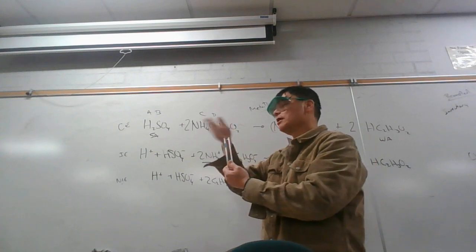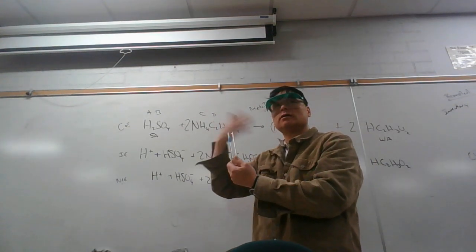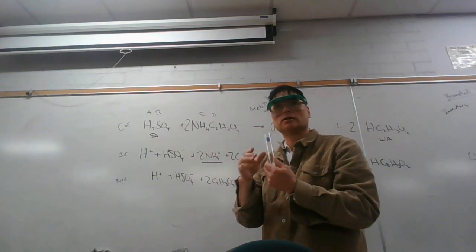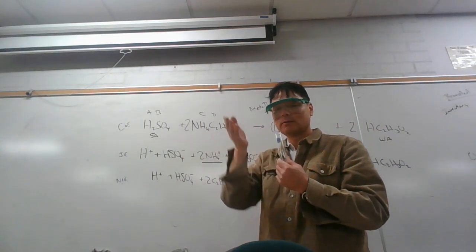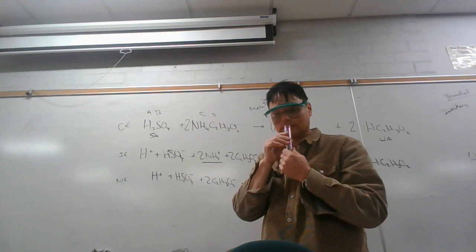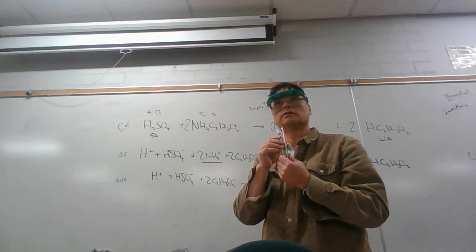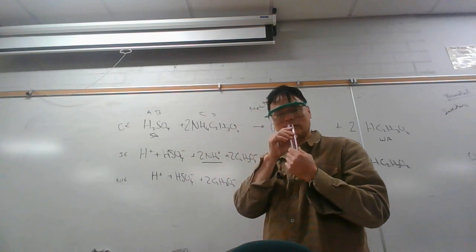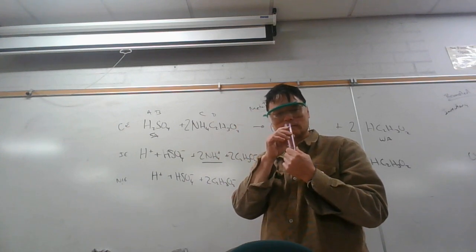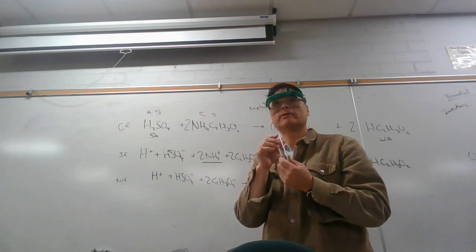Usually when you smell stuff, you're supposed to waft the molecules to your nose. Because if you put it right under your nose, it could overpower you. But I don't smell anything. Oh, now I do. So I couldn't smell anything when I wafted it, but when I put it right underneath my nose, I can smell a little bit of vinegar smell.